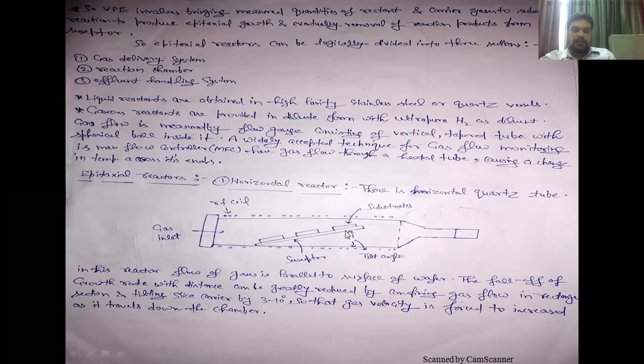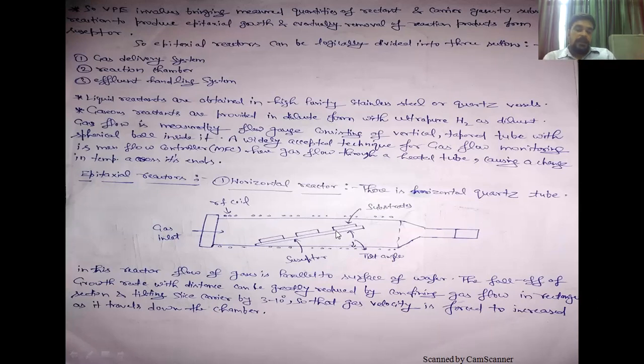This is the susceptor, or you can say the substrate holder, and onto that these samples are put, onto which epitaxial layers are to be grown. Now this is the gas inlet. These gases are provided from this inlet. These gases consist of the reactants that will react on the substrate, and the epitaxial layer will be grown onto the surface.